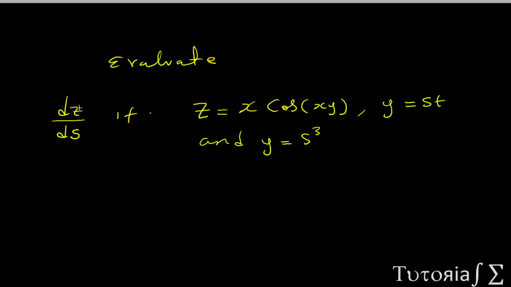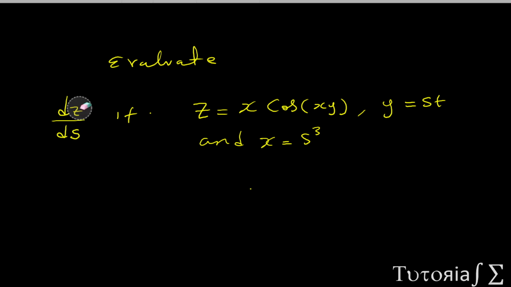Evaluate dz/ds if z is equal to x cos(xy), and y is equal to st, and x is equal to s to the power 3. Oh, sorry, this is supposed to be x and y.